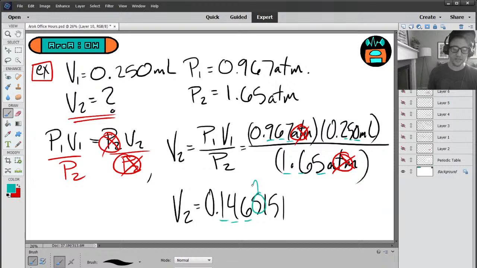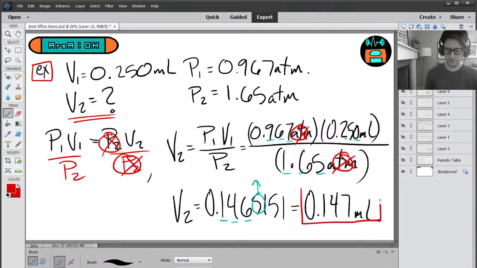So we can only have 3 sig figs. 5 is going to round up. And so our volume will be 0.147 milliliters. Amanda, let me know if that makes sense.